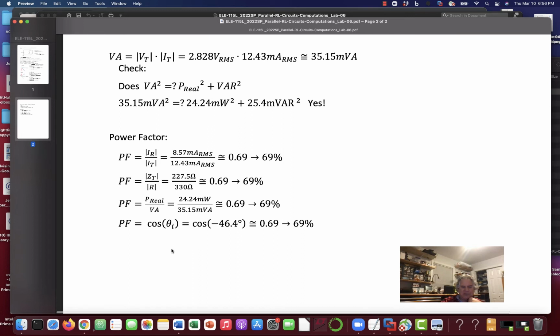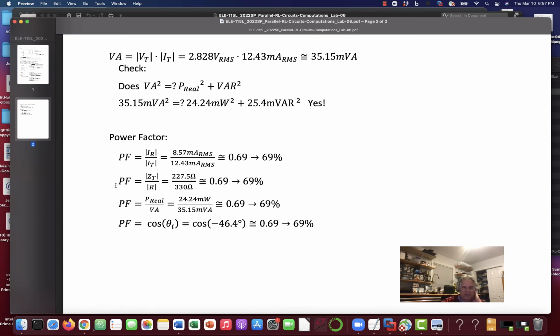Power factor, there's a number of ways to calculate it. You can take the magnitude of the resistor current divided by the magnitude of the overall current. You take 8.57 milliamps RMS divided by 12.43 milliamps RMS, and you get approximately 0.69. Some people like to express power factor as a percentage. You multiply this by 100, you get 69%.